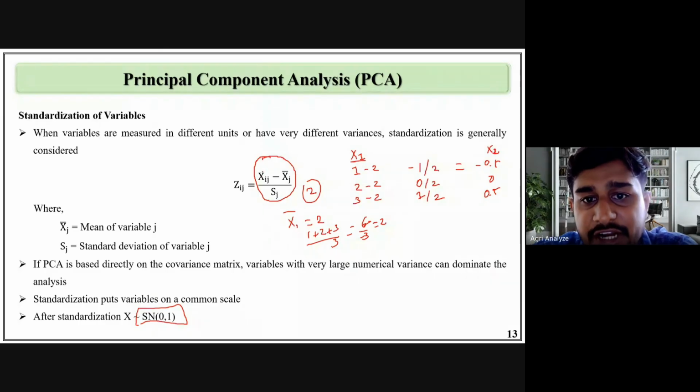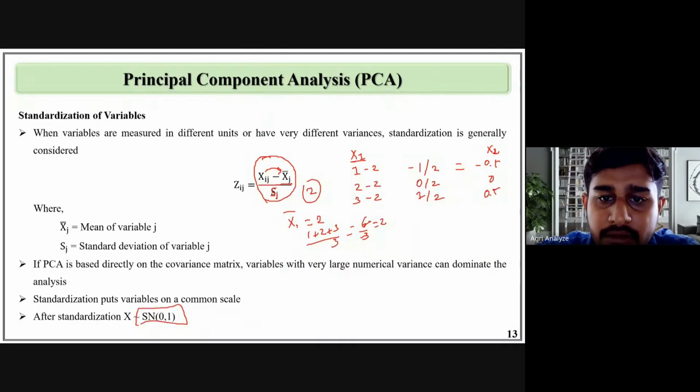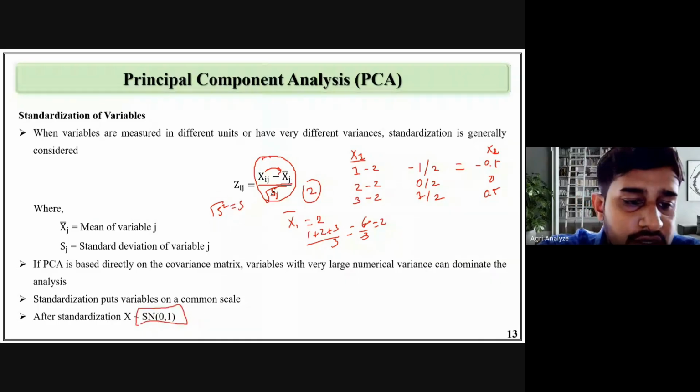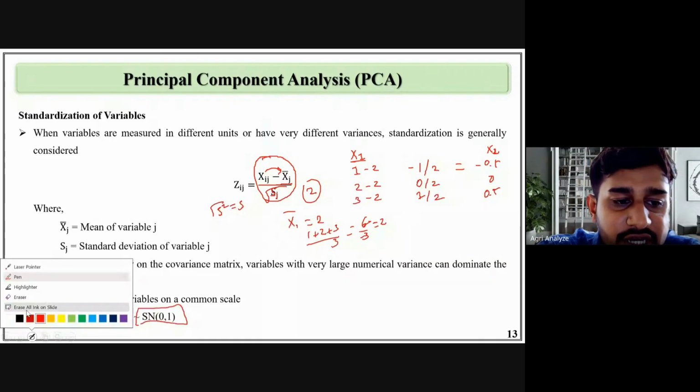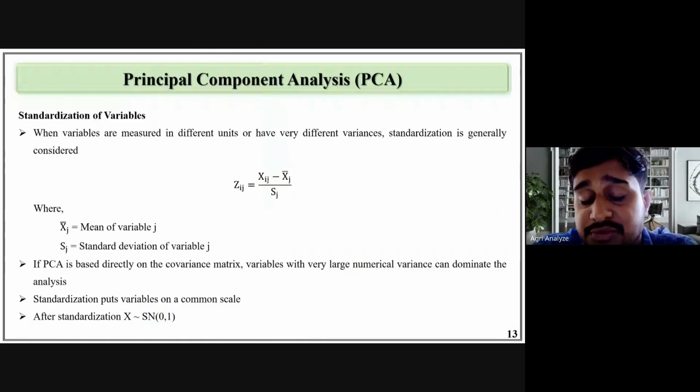First we subtract the mean from each observation, then we divide by the original value of the standard deviation. The square root of the variance is called the standard deviation. So this is the original formula for how to standardize our data: subtract the variable's own mean and divide by the standard deviation of the original variable.